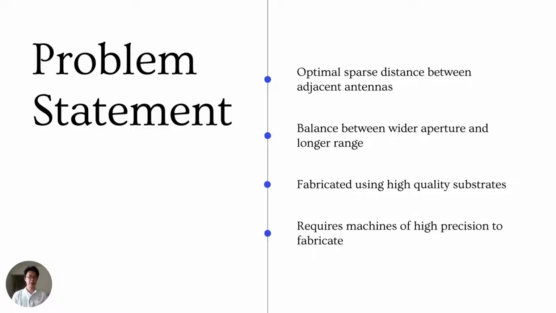Next, we would like to have a balance between wider aperture and longer range. We would like a radar which is able to scan a wider area, without the drawback of being too short or medium range.